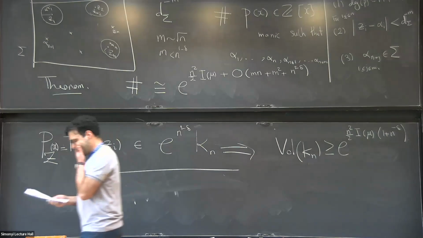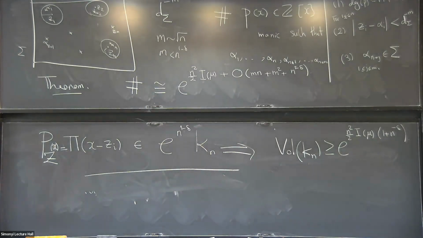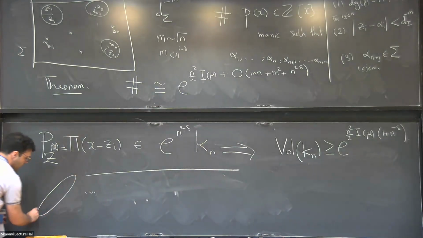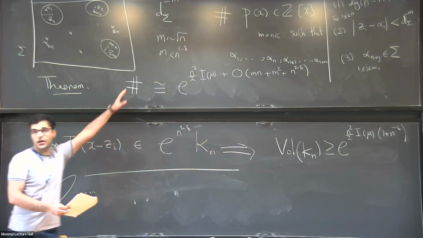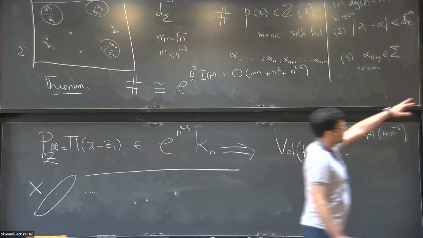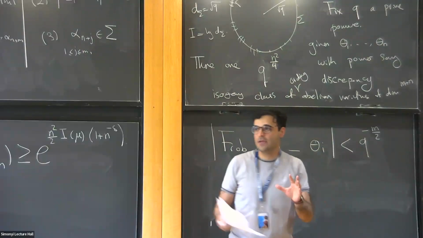But then the other input, as I said, is to show that the shape is not skewed. We want to rule out this case, and that's where we use the condition, which you have to use somewhere, that mu belongs to B sigma.